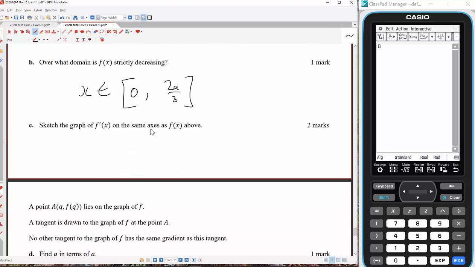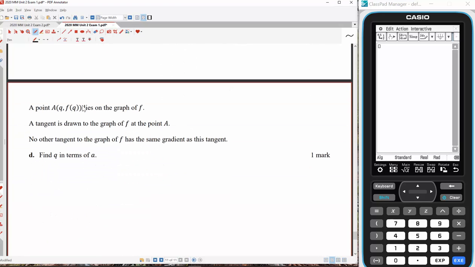Okay, done. A point A, Q, f of Q lies on the graph of f. The tangent is drawn to the graph of f at the point A. So somewhere along the graph is a point A and a tangent is drawn. No other tangent to the graph of f has the same gradient as this tangent.